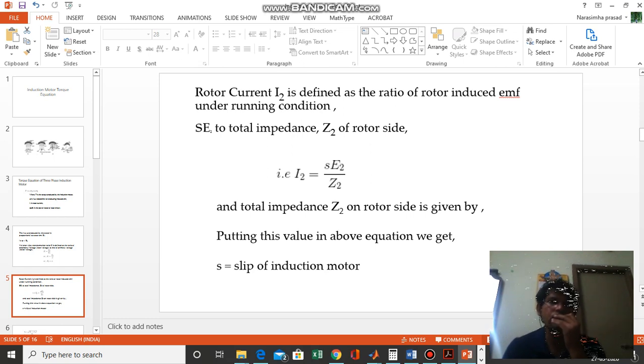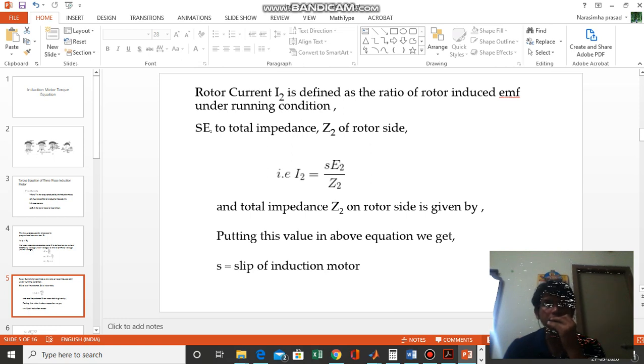So slip is 1 at the time of starting, so rotor EMF is E2 at the time of starting, but during running condition there exists some rotor speed Nr. So the slip value varies from 0 to 1. So our value is S E2.